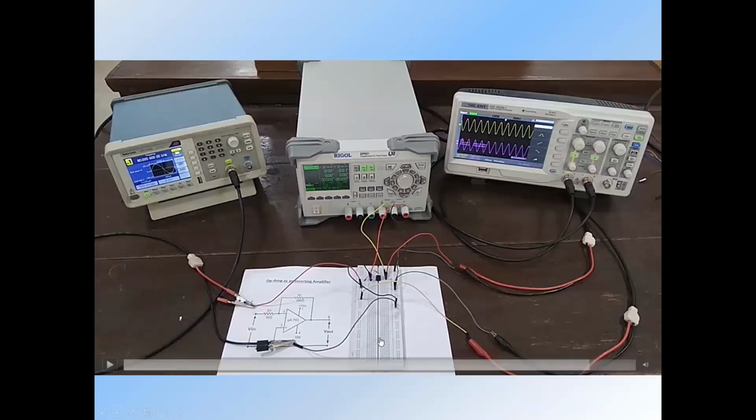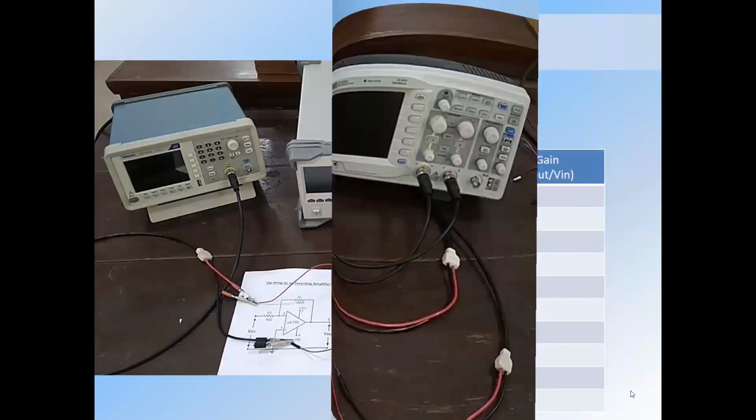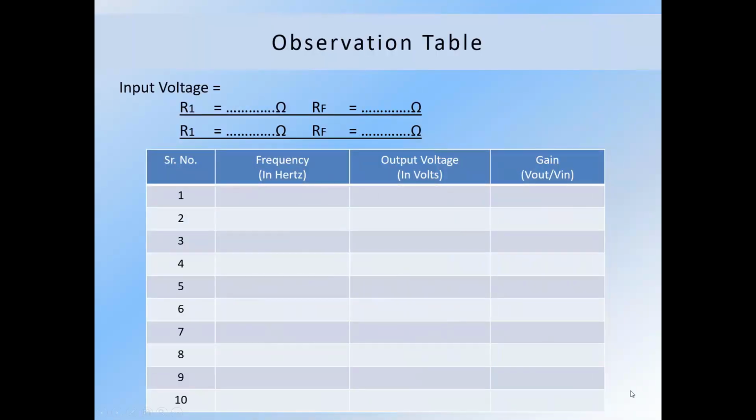And then next step is we have to plot a graph on a semi-log graph paper. This is observation table. Input voltage should be constant, value of R1 and RF, and then for changing the gain, value of R1 and RF.